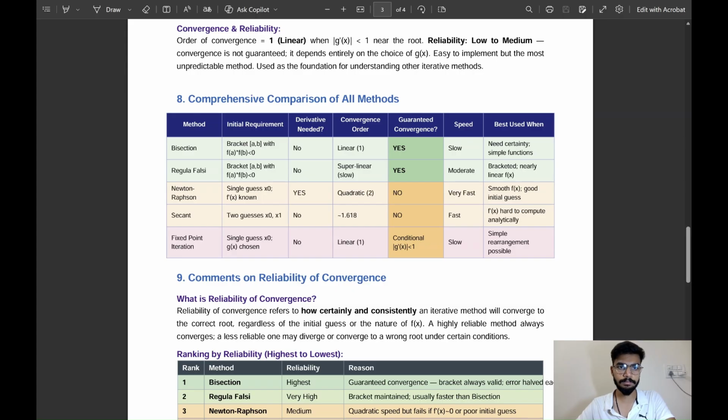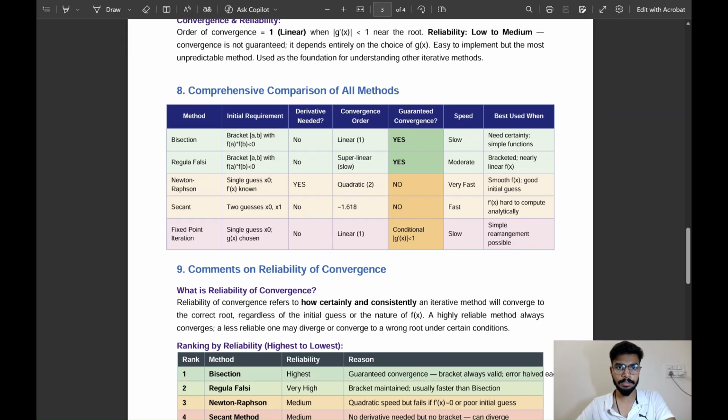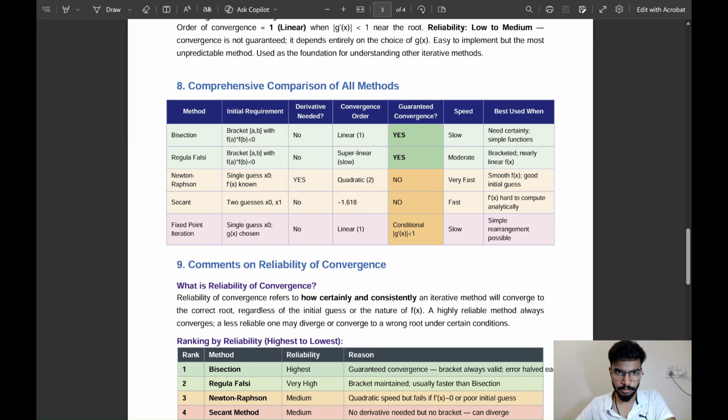First, the bisection method: the initial requirement is f(a) into f(b) less than 0, no derivative required, convergence order is linear, guaranteed convergence, slow speed, and best used for a simple function. Then the Regula Falsi method, Newton-Raphson method, secant method, and fixed point iteration method.